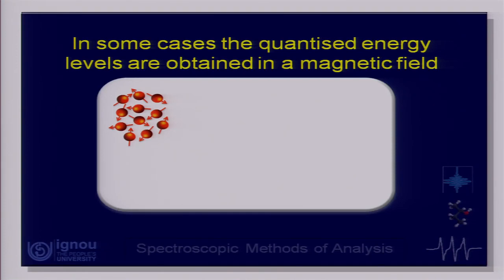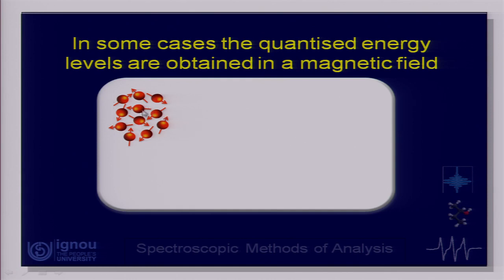Let us move further. We mentioned that the energies are quantized, but in certain cases we find that this quantization does not happen on its own. Some kind of medium is required for that, and typically we need a magnetic field. This could be electron spins or nuclear spins of certain kinds.